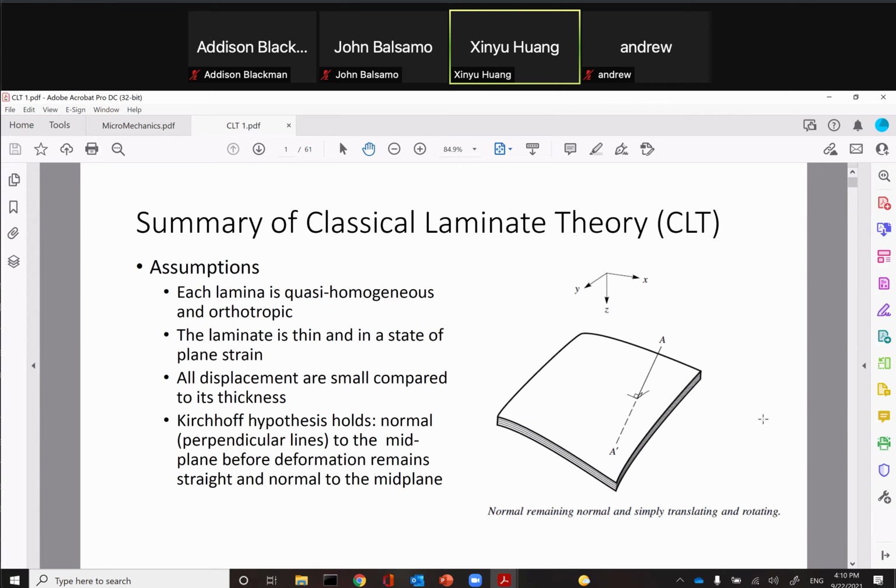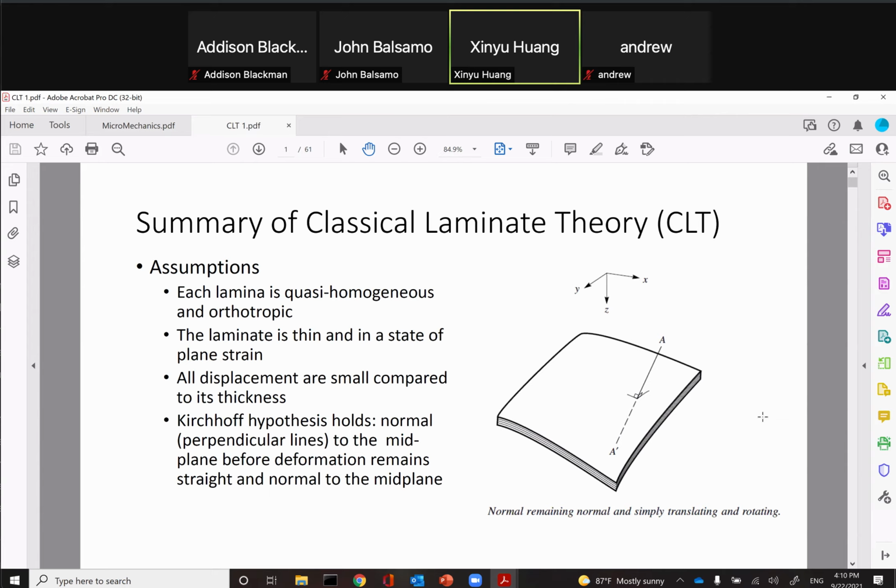So what it's designed to do is allow you to analyze a composite plate. Plate means that it's a three-dimensional object, and 2 of the dimensions are much bigger than the third one. That's called a plate. Okay, this is a plate.